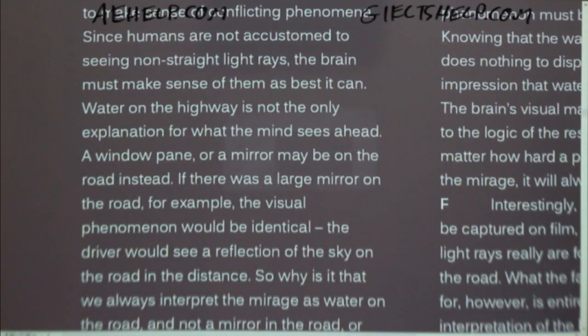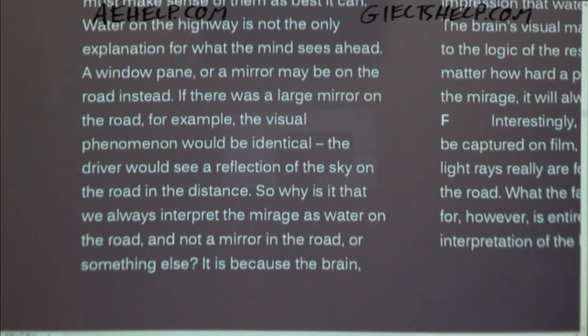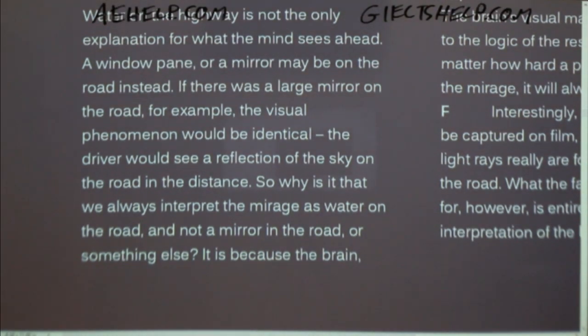Water on the highway is not the only explanation for what the mind sees ahead. A window pane or a mirror may be on the road instead. If there was a large mirror on the road, for example, the visual phenomenon would be identical. The driver would see a reflection of the sky on the road in the distance.